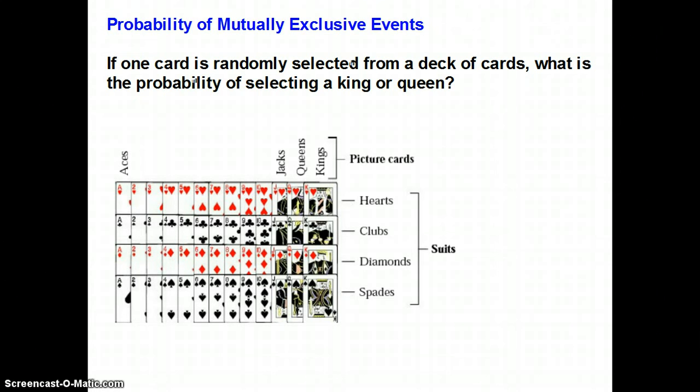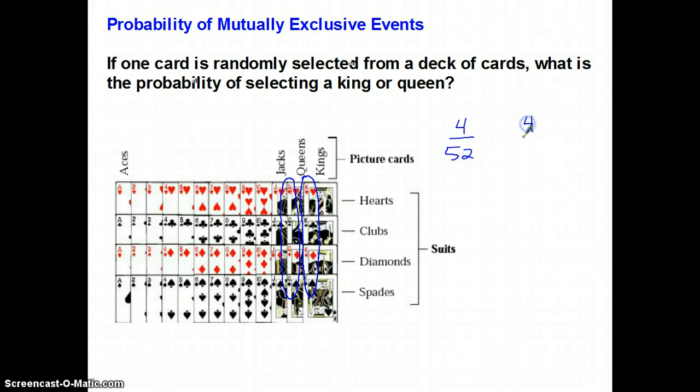If one card is randomly selected from a deck of cards, what is the probability of selecting a king or queen? Well, first of all, we have a standard deck of cards which has 52 cards in it, and we have 4 queens within that deck, and we have 4 kings within that deck. And independently, the probability of selecting a queen is a 4 out of 52 chance.